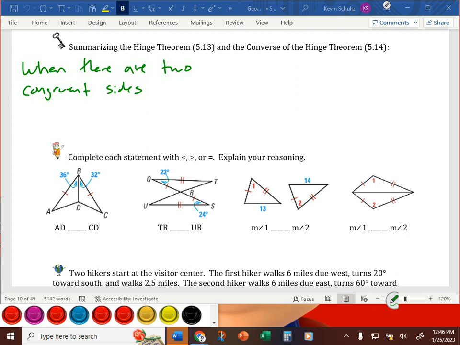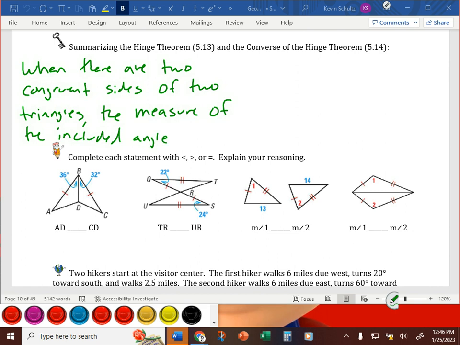But basically, when there are two congruent sides of two triangles, the measure of the included angle is connected to the length of the non-congruent side.